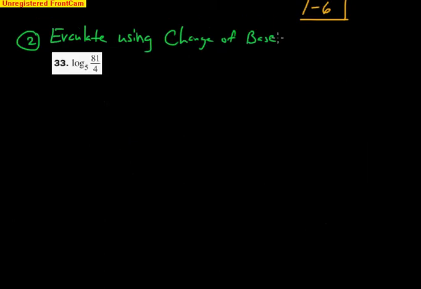Okay, we are going to evaluate this log using the change of base formula. To do that, you need to write this as a fraction: log of something over log of something. And the thing to remember is that the base is on the bottom.